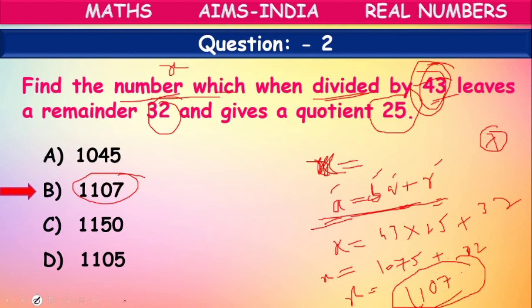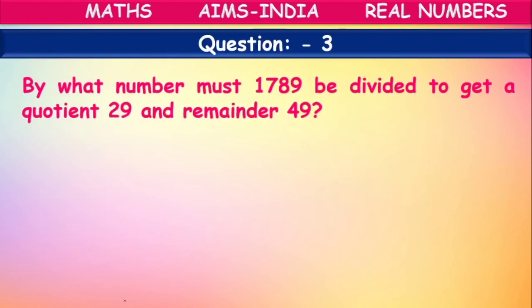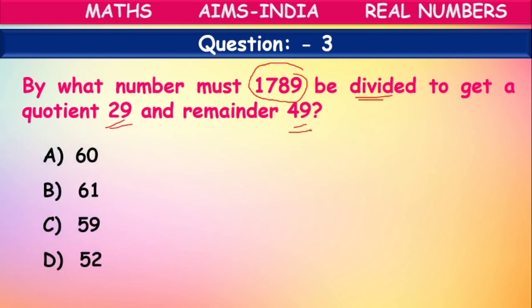Okay, next, third question. By what number must 1789 be divided to get quotient 29 and remainder 49? Here they have changed the question somewhat.